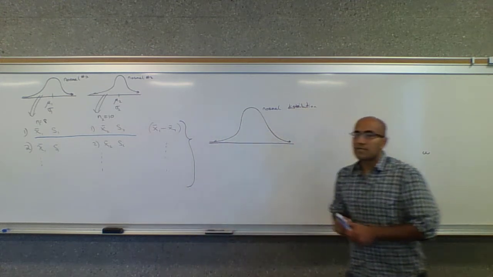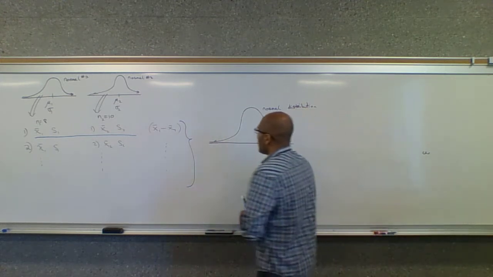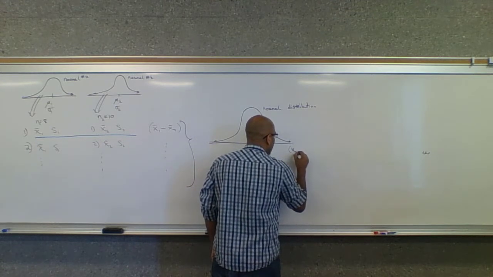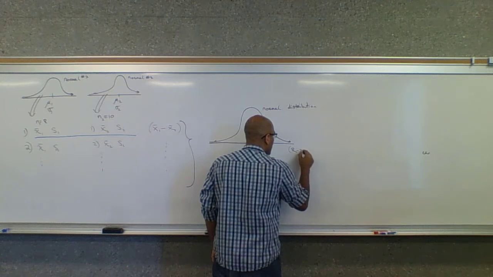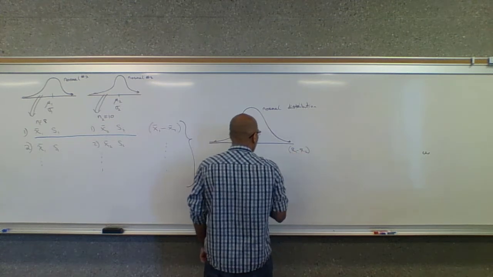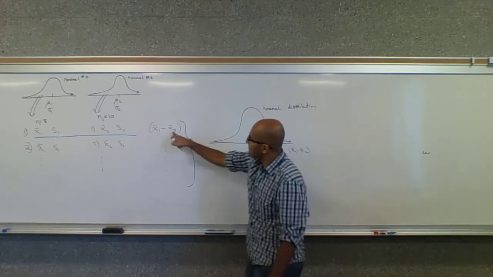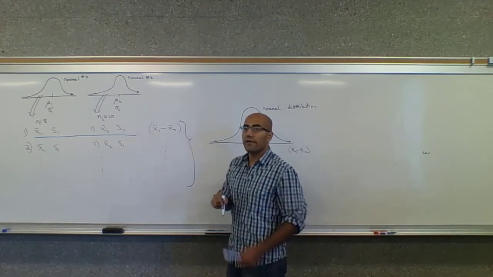Every one of these little values on here represents x bar sub 1 minus x bar sub 2. Every one of those dots represents what happens when you subtract these two values.